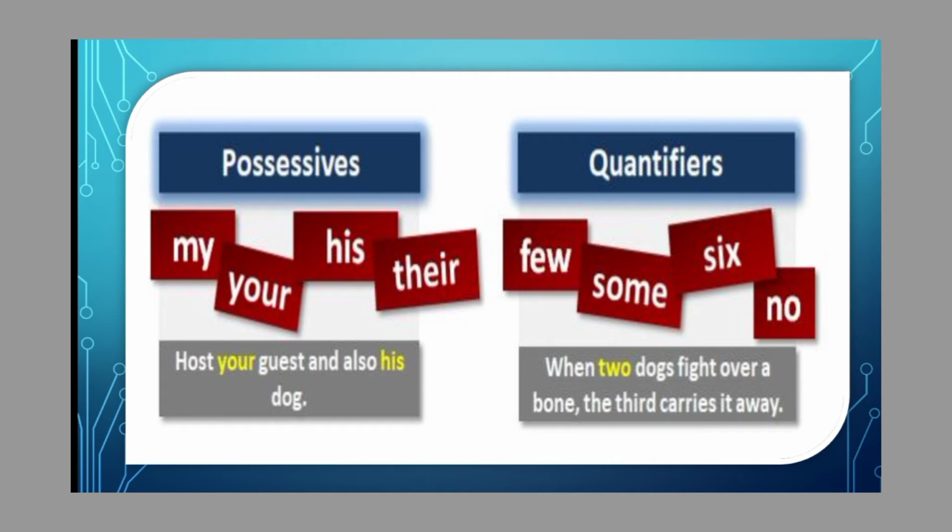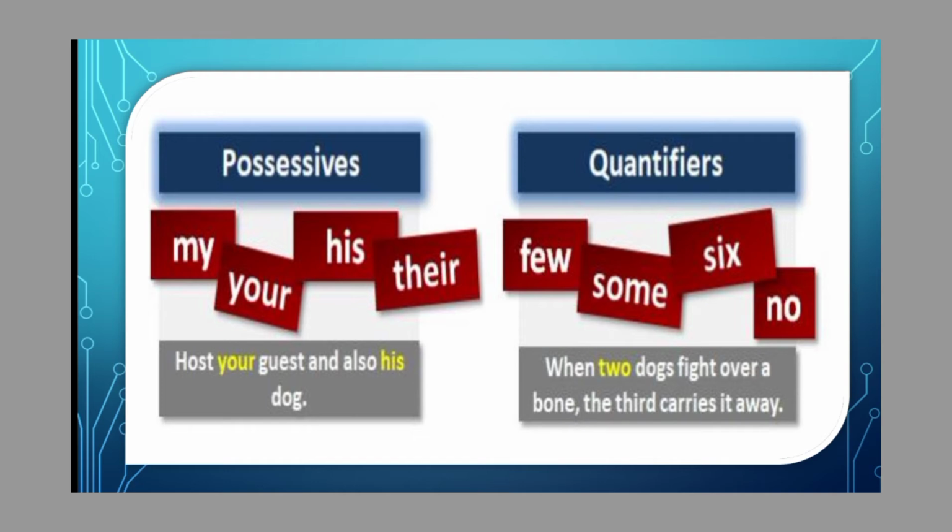Here the word 2 acts as a quantifier. There are some words like few, a little or little, some, many, more, and all the numbers. These words act as quantifiers.